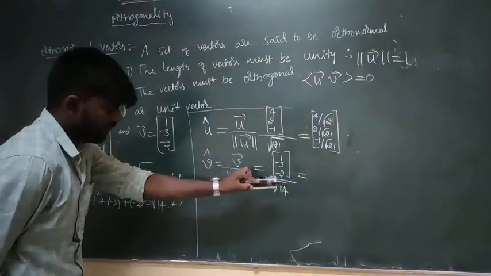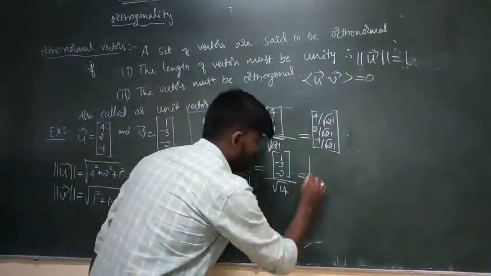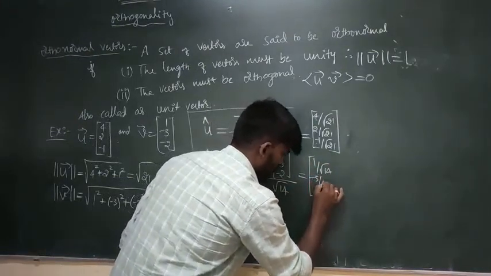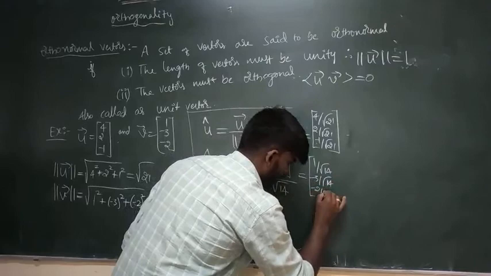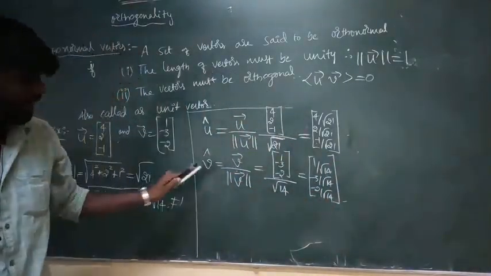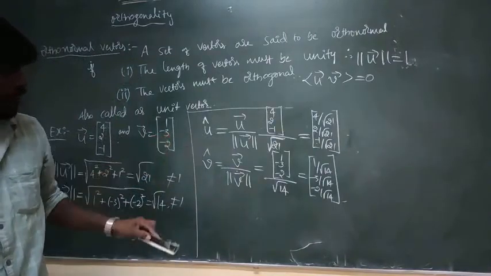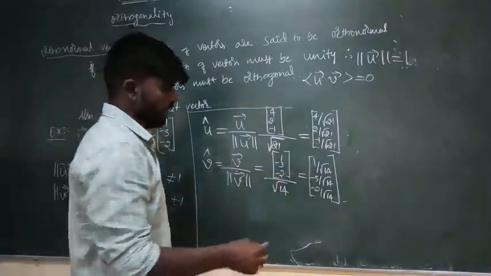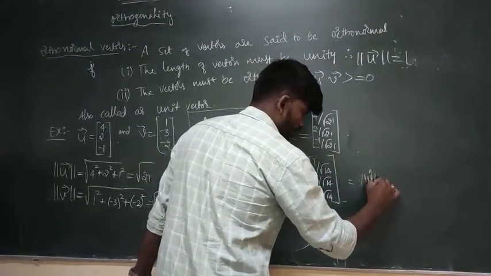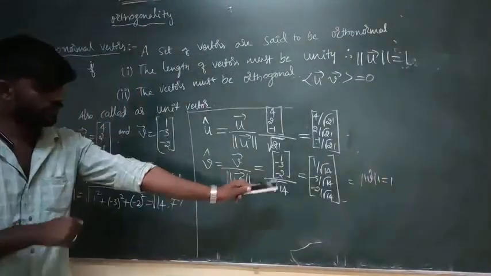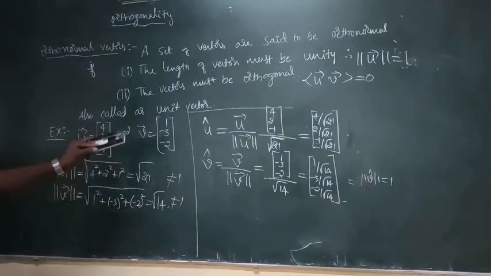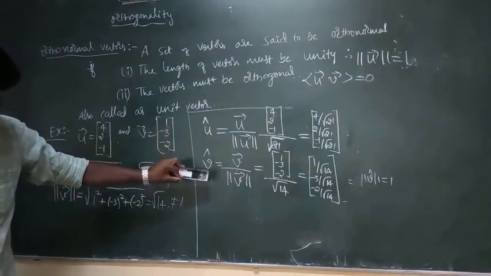Therefore root 14 goes inside, and we get 1 by root 14, minus 3 by root 14 and minus 2 by root 14. This is the orthonormal vector of V, and this is the orthonormal vector of U. The length of V cap is 1, the sum of squares of each element gives 1.